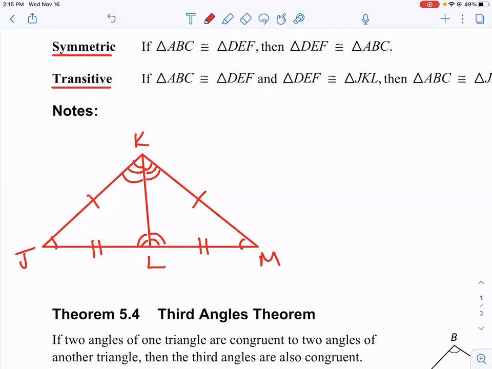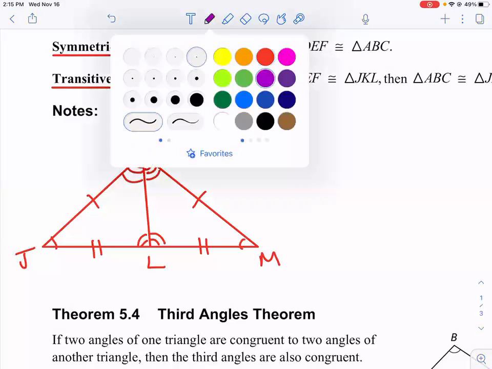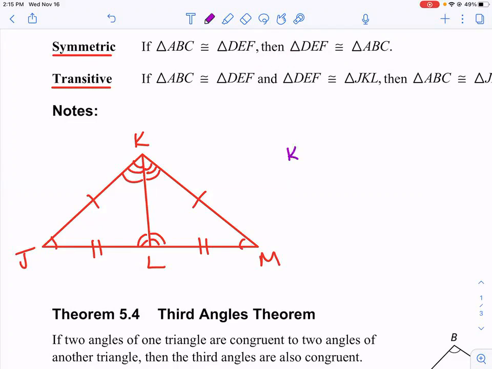So do we have 3 angles that are congruent to 3 angles? Do we have 3 sides congruent to 3 sides? Jake says yes. Why? Because the line in the middle, so you're saying that KL is congruent to itself?